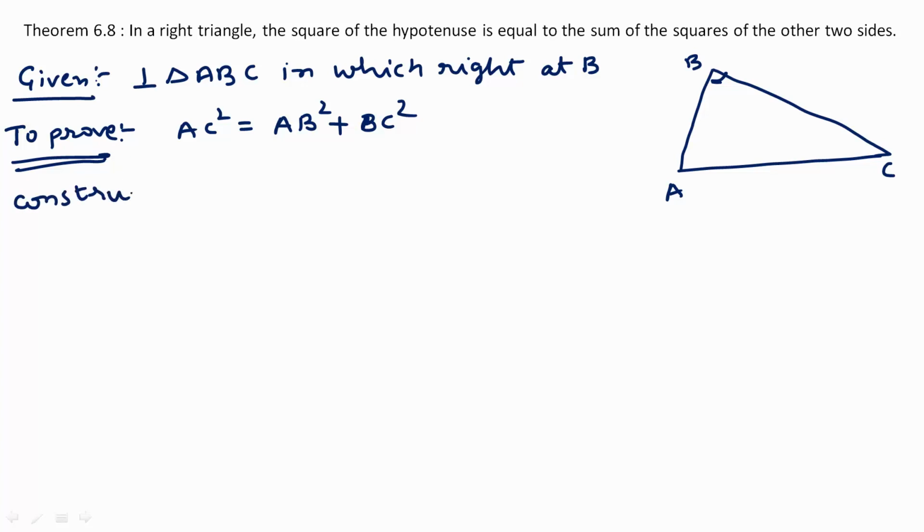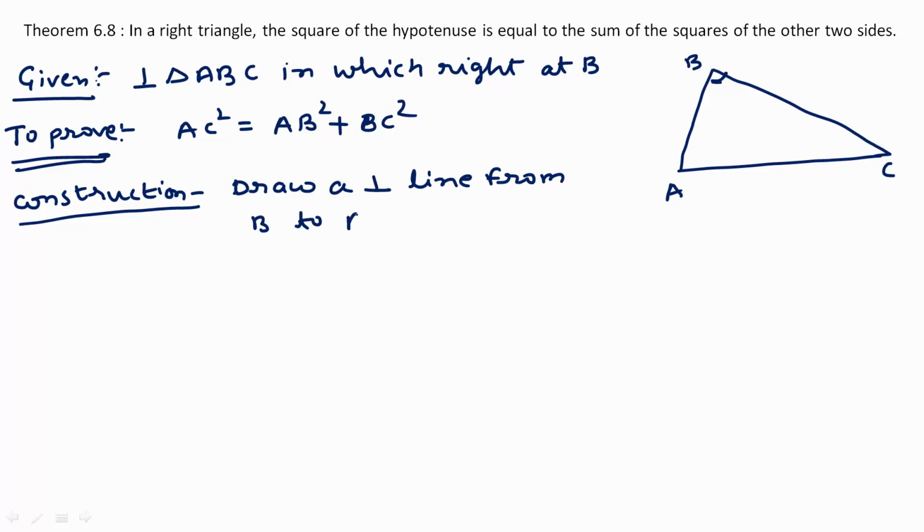Draw some construction. Draw a perpendicular line from B to AC.